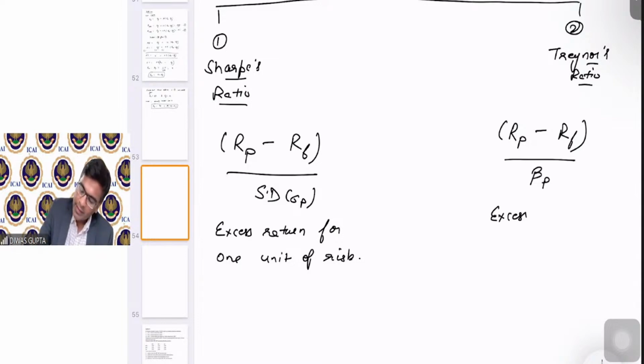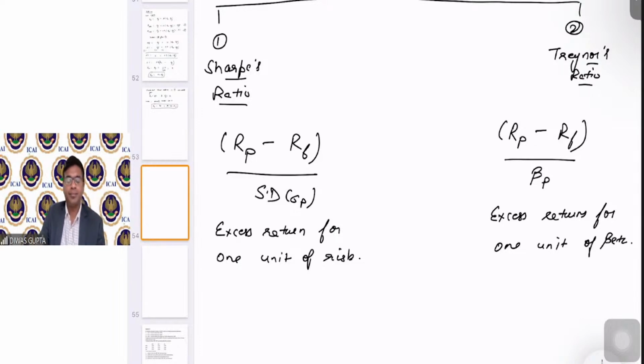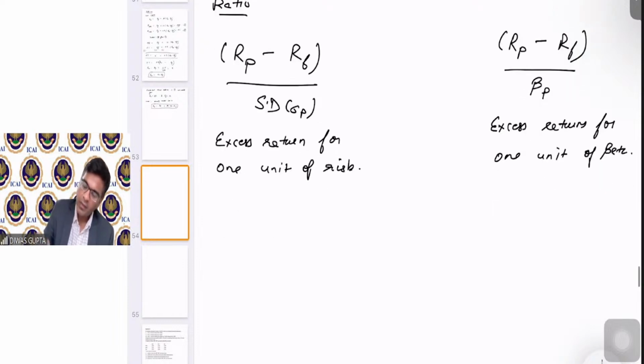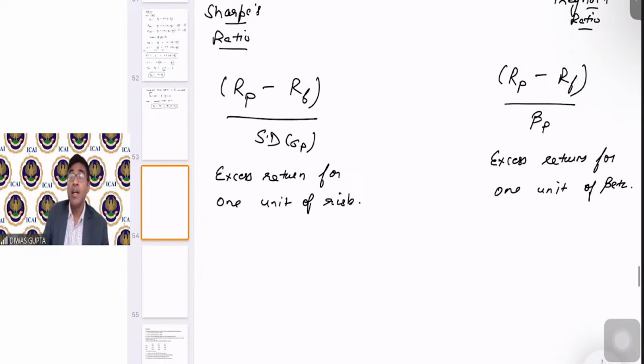So this says that excess return for 1 unit of beta. Correct, students? Higher Treynor ratio means better the portfolio is. Higher Sharpe ratio means better the portfolio is, because you will get higher return for the same level of risk being undertaken.